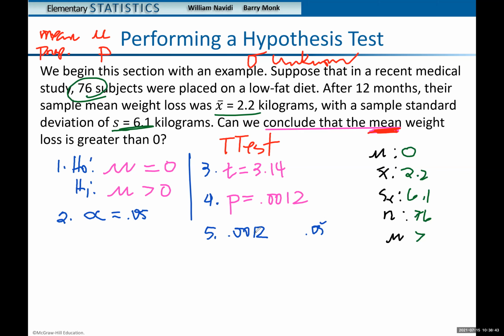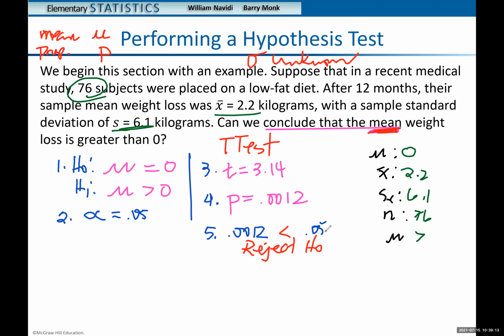Is 0.0012 less than or greater than 0.05? It's less than. Okay. If it's less than, what did I say? If it's less than alpha, you reject H0. So you have to type reject H0.